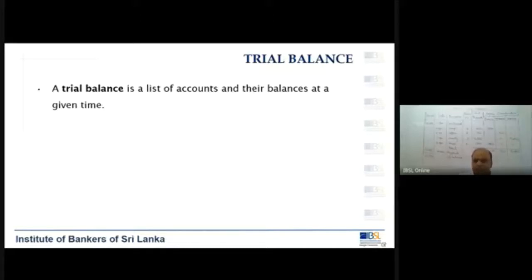A trial balance. Now there is a question coming in. Now in today's context, do the business transactions of banks close at one particular point? It is not. What happens? Your ATMs are working 24/7. Maybe some of your branches might be working 24/7.